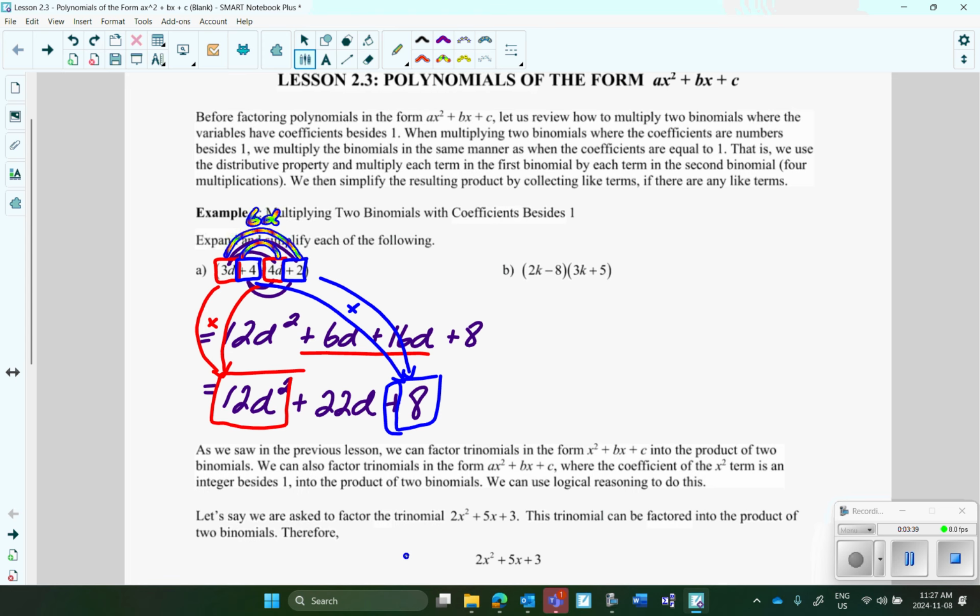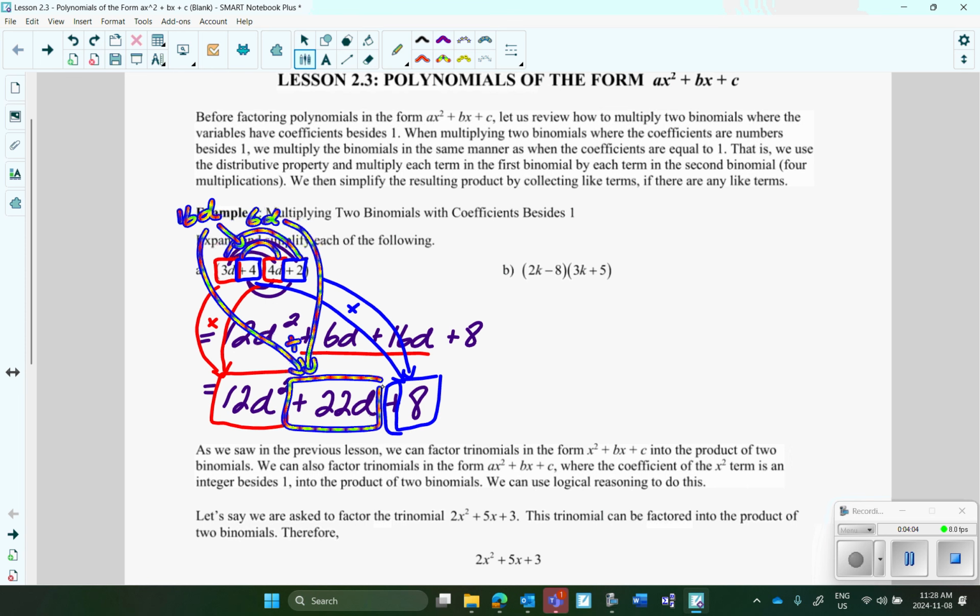Inside we multiply 4 times 4d, we get 16d. And when we add the 2 together, we get that. I know it looks a little crazy.